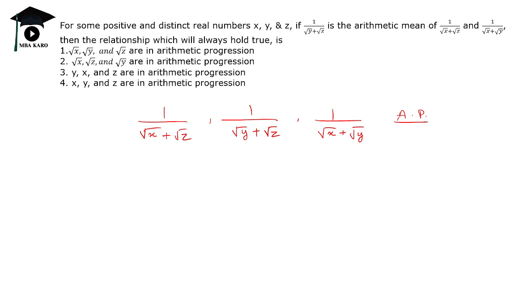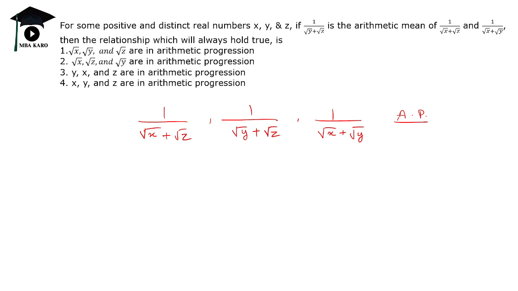They should be in AP, because this is the arithmetic mean of those. One way is to take 1, 2, 3 as values and see if it works out. That's how we are going to do it.